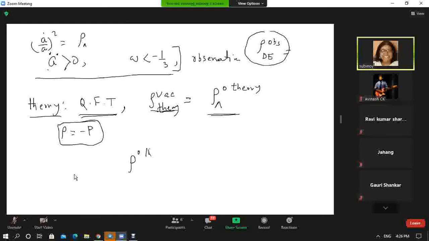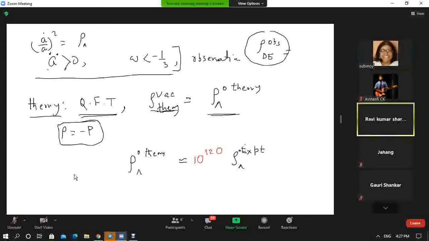And they found this thing: rho naught theory of lambda is approximately... so how many orders higher? This is very large. 10 to the power 120.